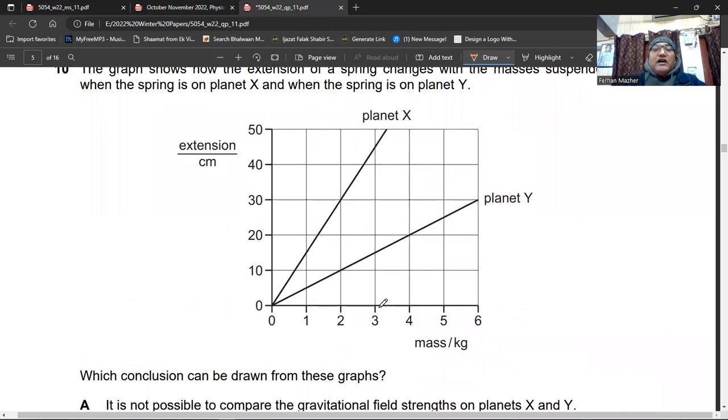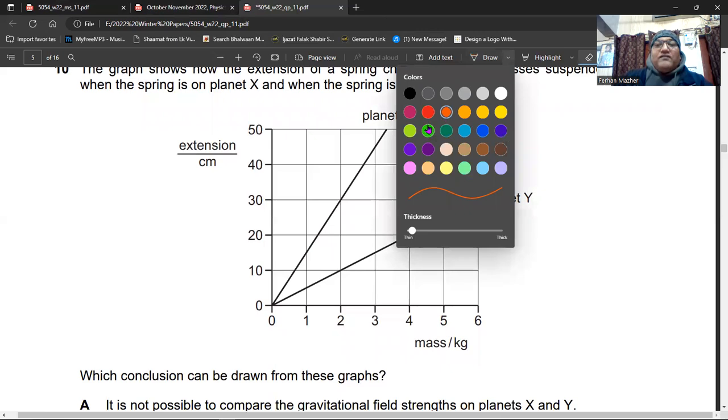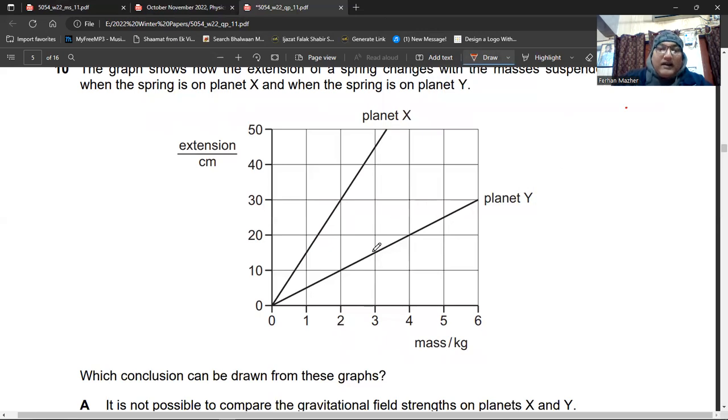You see, let's say suppose I hung a 4 kg mass with the spring. On the planet, how much is the extension? Oh, sorry. We should not take this because we don't have the graph for this. Let's say I hung a mass of 3 kg.